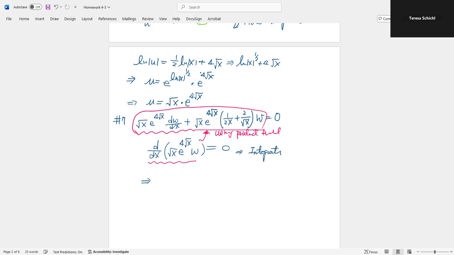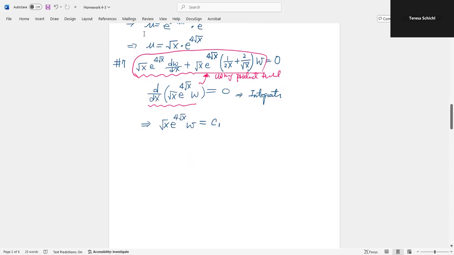Okay, so then this is a derivative, so this will be the square root of x e to the 4 square root of x W equal to what? Equal to some constant. I call this a constant C1, first constant, right?